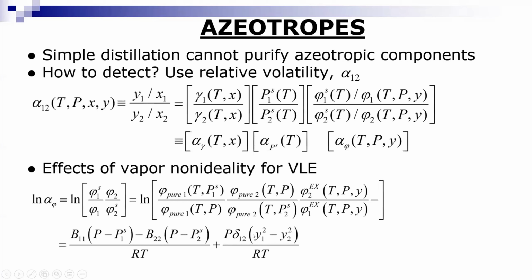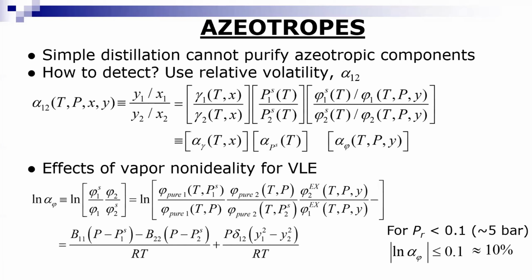It turns out that the second virial coefficient term will give you the first order variation of that. And if you're talking about up to 5 bar, it's only a few percent in the relative volatility, which often can be ignored, particularly when we're asking ourselves the question, will a system form an azeotrope or not?